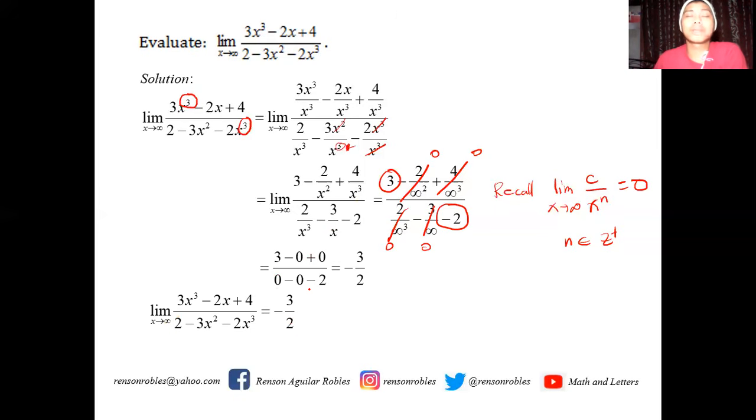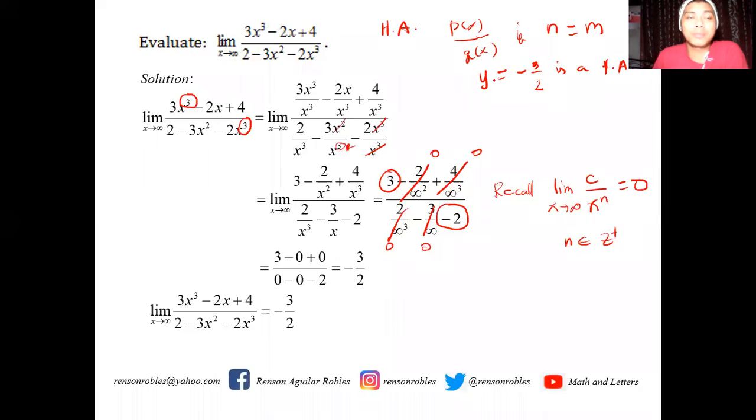Again, you recall the property of the horizontal asymptote. When you are given a rational function p of x all over q of x, and the degree of the numerator, n, is equal to the degree of the denominator, m, in this case 3, then the line y equals negative 3/2 is a horizontal asymptote.